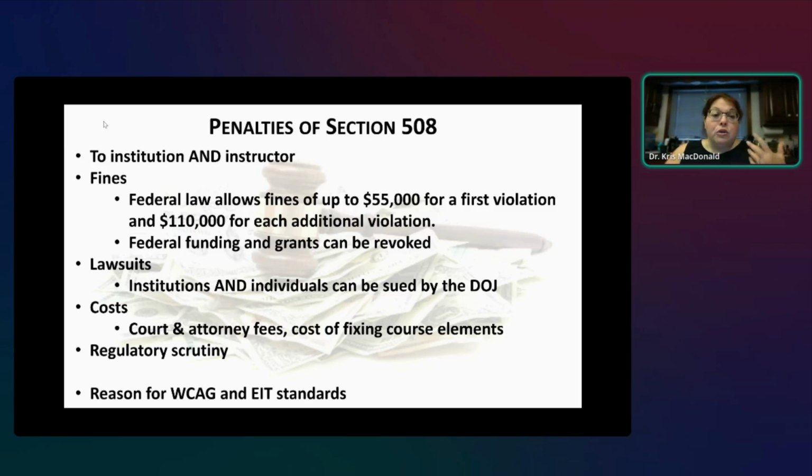But those all operate on federal funding and grants. So all of those can be revoked. There again can also be lawsuits. So the institution and individuals, but this time they're sued not by the people, but by the Department of Justice.